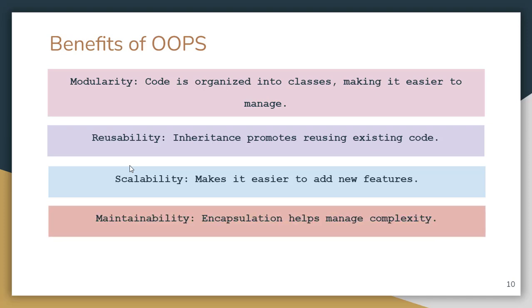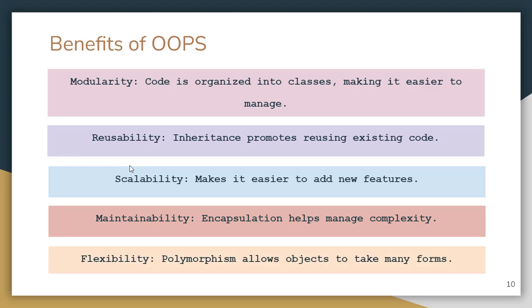Next is maintainability, using encapsulation. Encapsulation helps manage complexity, and overall, using modularity, reusability and scalability, we maintain the program if it uses OOPS. Next is flexibility.